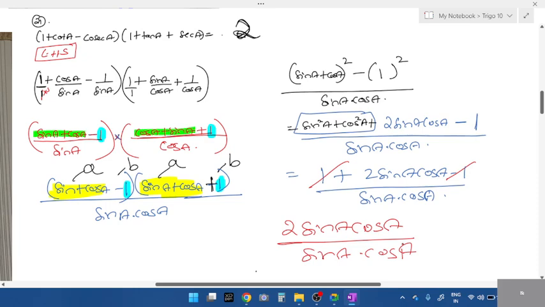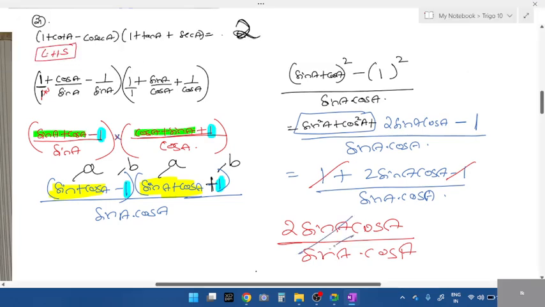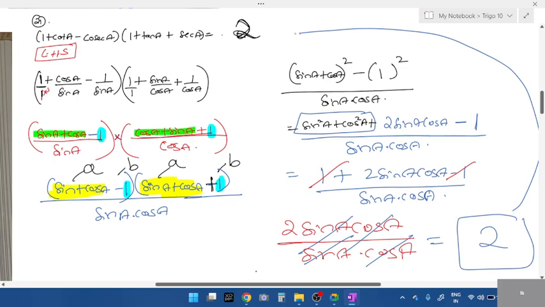Which one gets cancelled, students? I just need 2 on the right hand side. Other things get cancelled, right? Left hand side is equal to right hand side. Almost all the square questions are done, students. It was a good question.